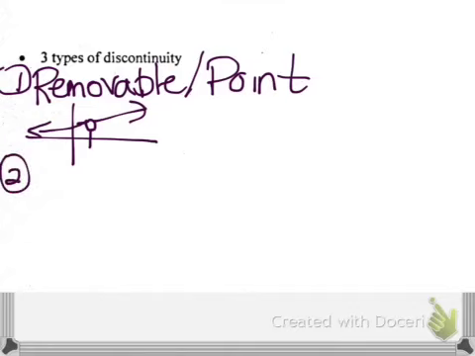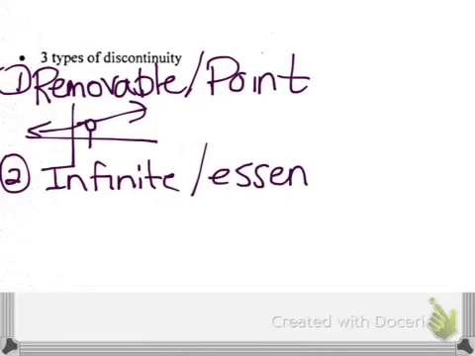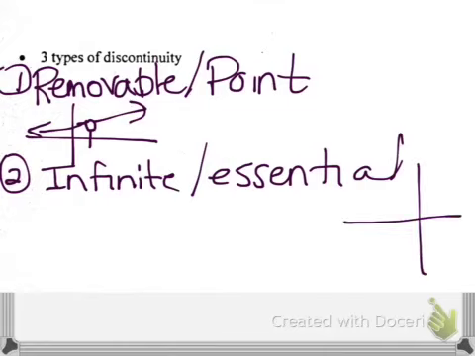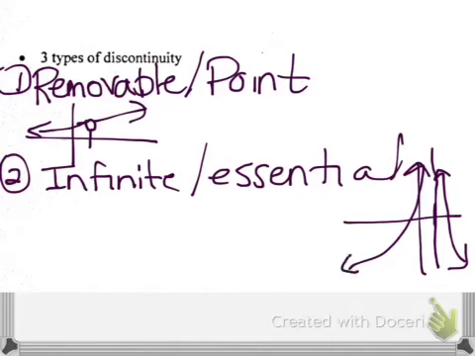The second type of discontinuity is called infinite, or sometimes referred to as essential, okay? All this means is I have an asymptote, okay? So here's my example. If I have an asymptote and the graph looks like that on both sides, it's not continuous.